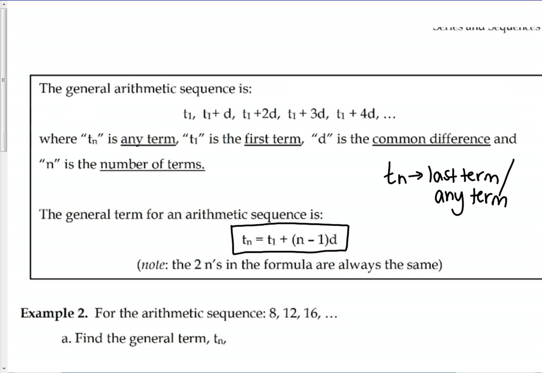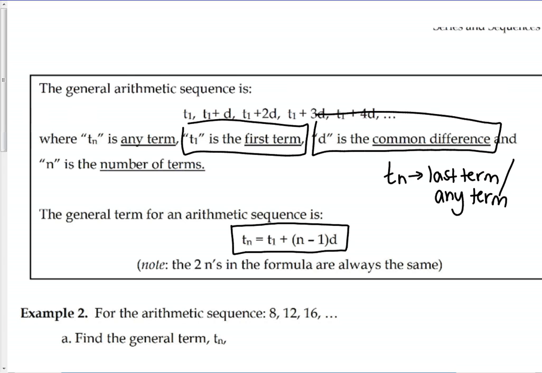If that makes sense, right? Or if they give you a specific term, that's the last one they give you, then you're going to use that as your last term. So often we use T of n as our last term. T of 1 is our first term. D is the common difference. And n is the number of terms. Okay, so those are what they stand for in the formula.